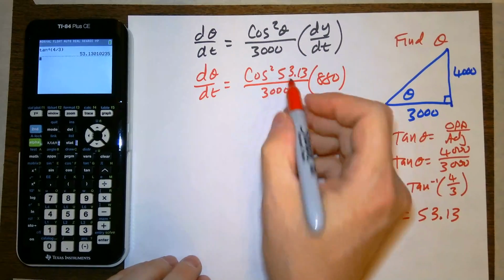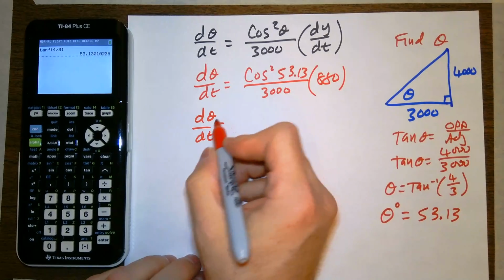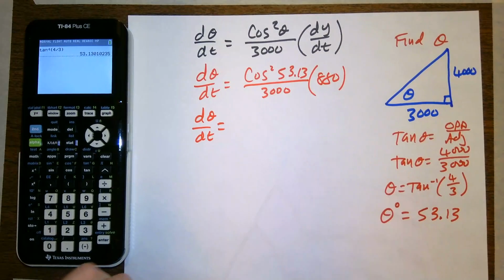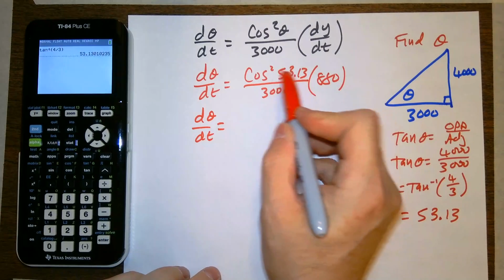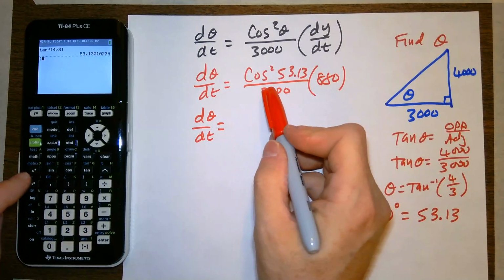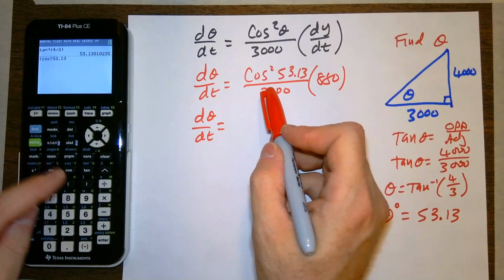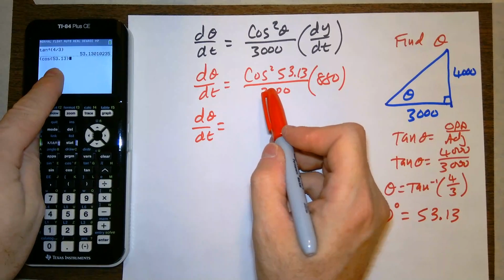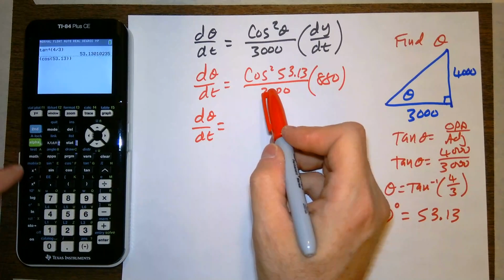One more calculation, and as you can see, we're going to need our calculators here. d theta/dt in degrees. Now, how do I do the cosine of 53.13 squared? I'm going to use parentheses. Open parentheses, cosine of my previous answer, 53.13 rounded, close parentheses, squared.